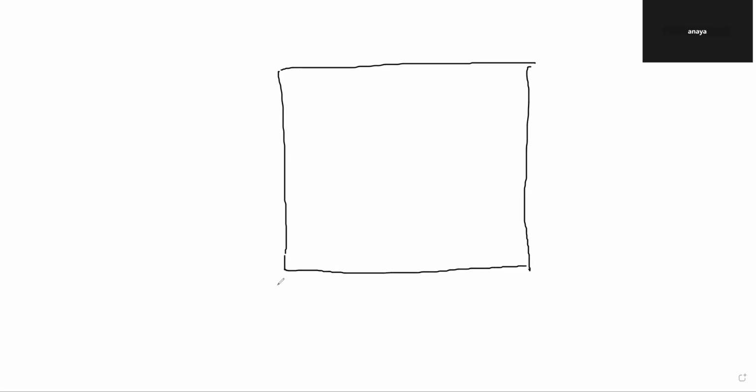So let's draw the figure. ABCD. AE is equal to AH, something like this. So this is E and this is H, and you have to join these.